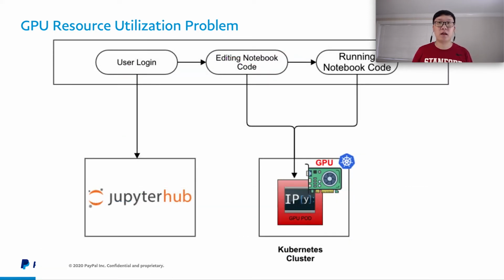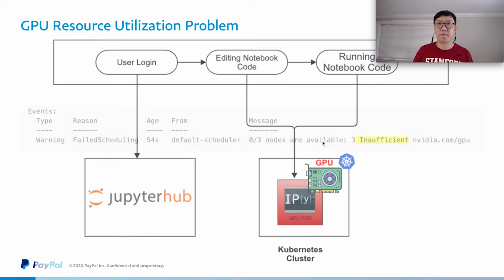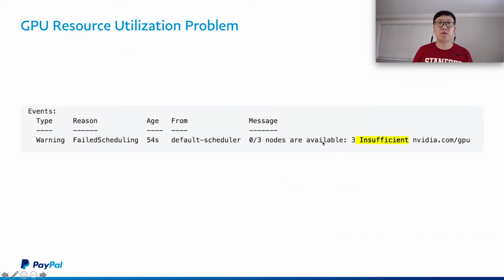Here is another diagram that shows how the system behaves. The GPU is occupied even when the user is just editing the notebook code. So over time, this is what will happen. All the GPU nodes will be occupied, even though not many are actually running the training job.